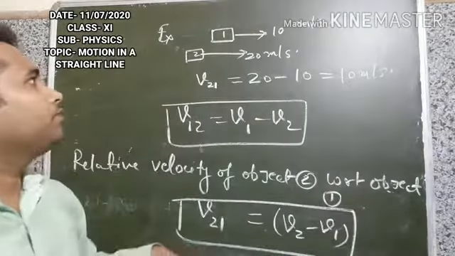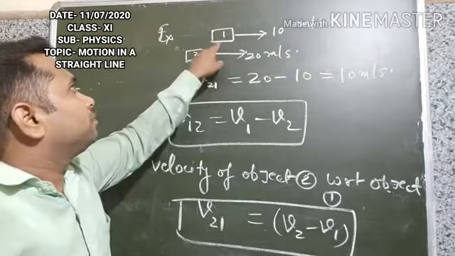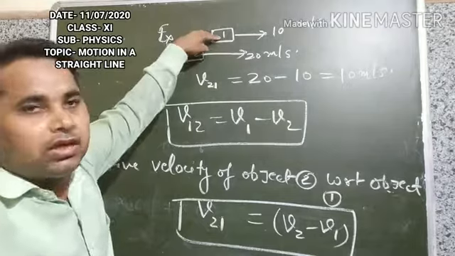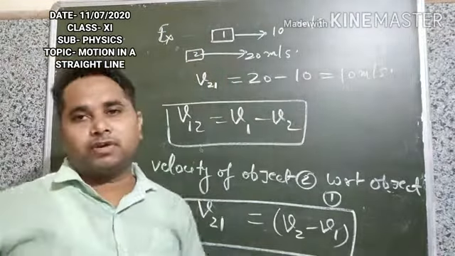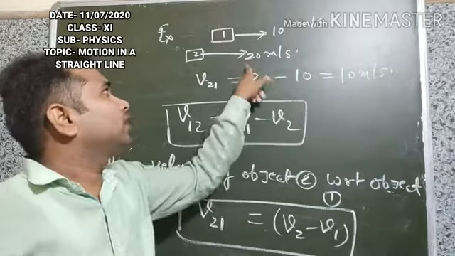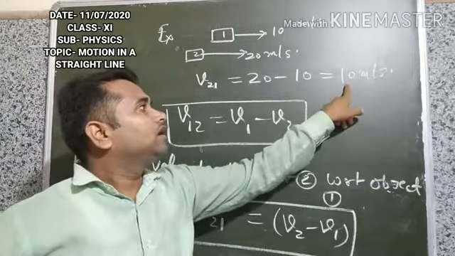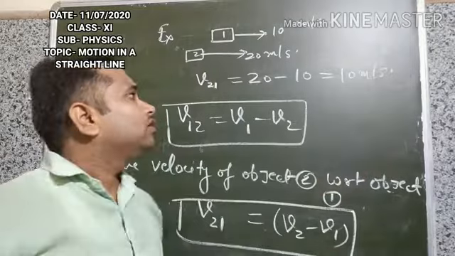This means the person sitting in the first bus, observing the second object, sees it moving with speed 10 meter per second. It is not its actual speed, which is 20, but it appears, means is observed, as 10 meter per second only.